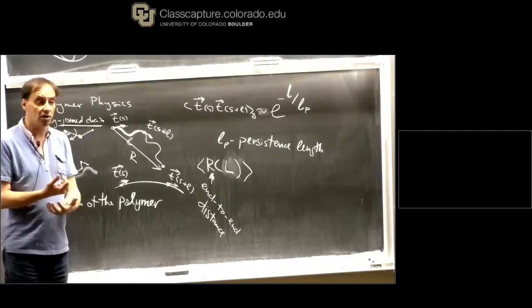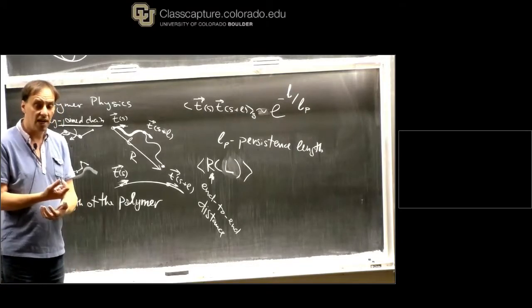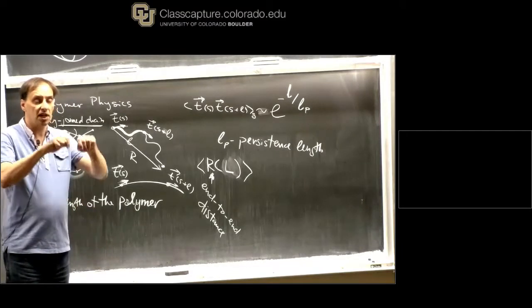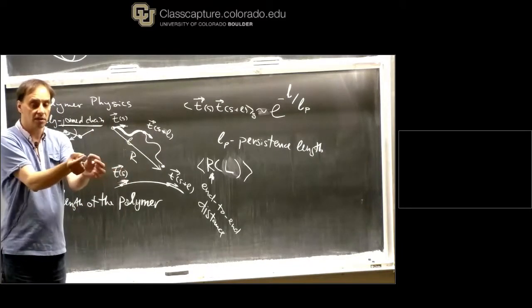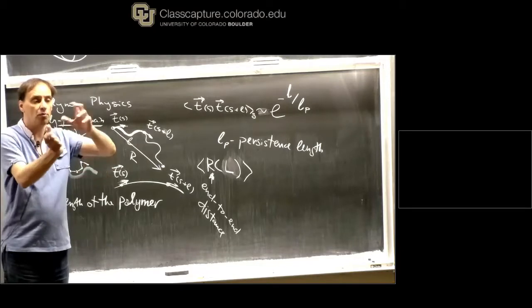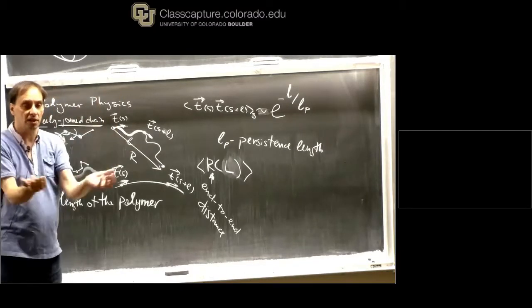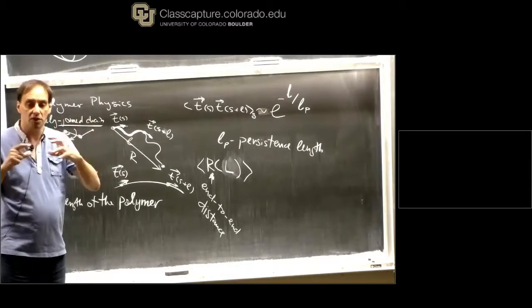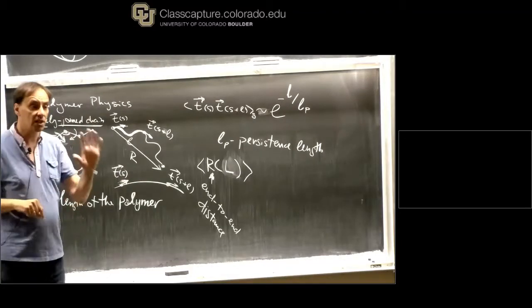One is excluded volume. Second is topology. Topology means that if I imagine I'm dealing with a ring, and I explore all possible states of a closed ring, it can cross itself, and it can knot itself into all sorts of knotted structures. This is really hard to take into account.